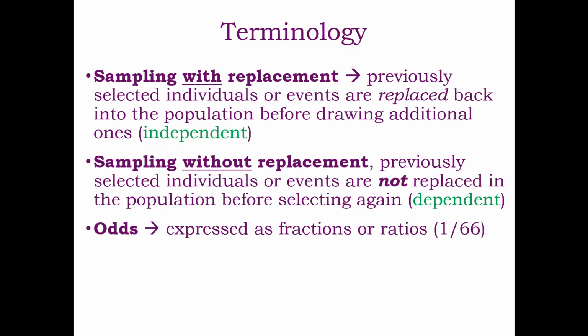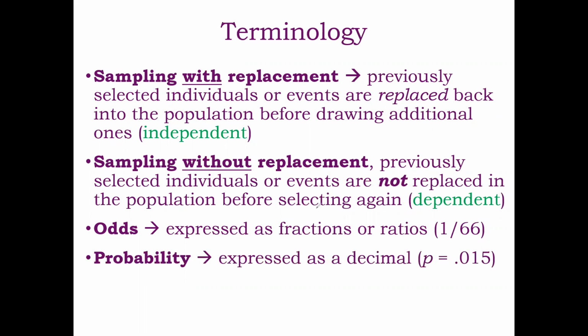More terminology. Odds: you don't talk about 1 in 3 or 1 in 66. You express them as fractions or ratios, like 1/66, or you could also write 1:66. We can also express odds like that.